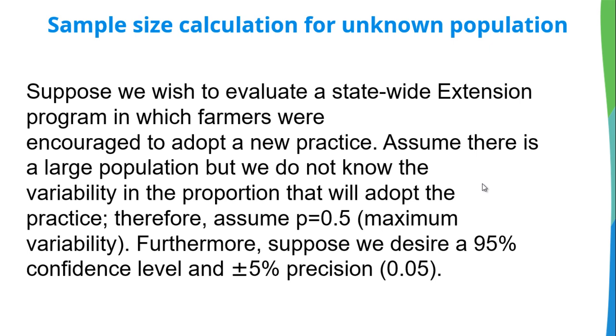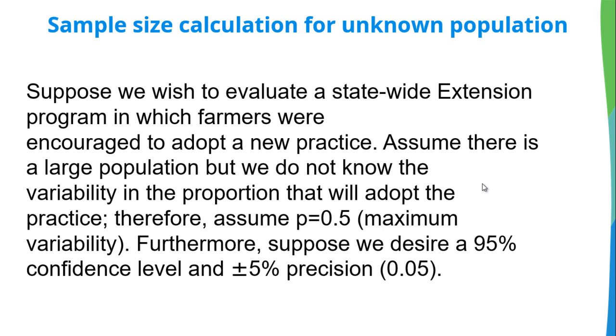Assume there is a large population, but we do not know the variability of the proportion that will adopt the practice. Therefore, we assume p equals 0.5. That is the maximum variability, 50%. We don't know yet.